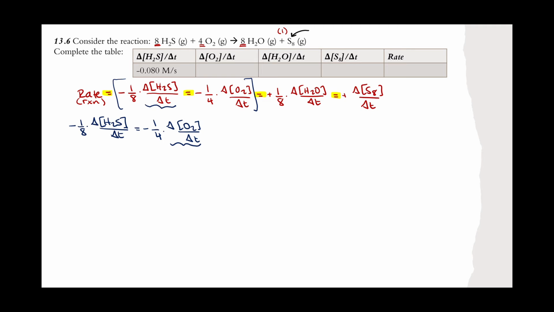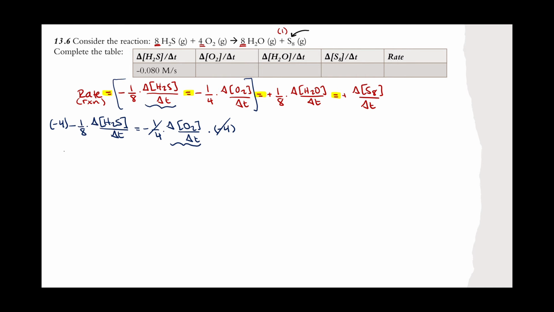And so what we can do to isolate that rate of disappearance is multiply both sides by the reciprocal of -1/4. And that's just going to be -4. So I'm going to multiply that on both sides of my equation. That will get rid of that -1/4. And now I have isolated that change in concentration divided by change in time of the oxygen.